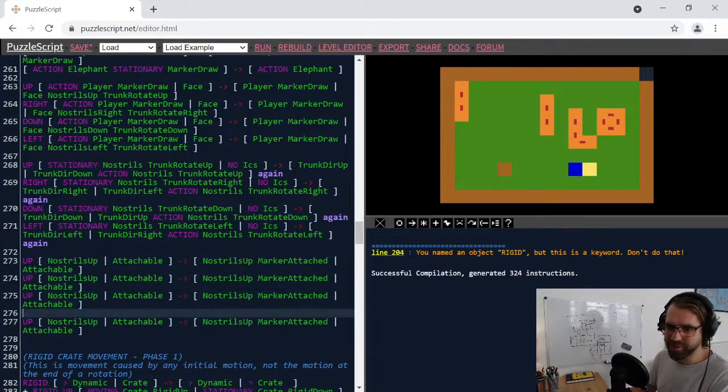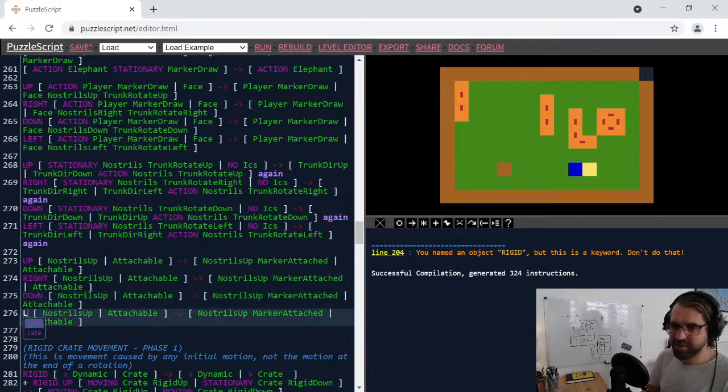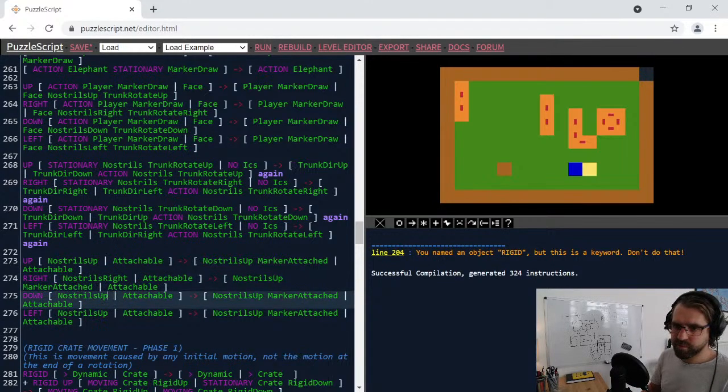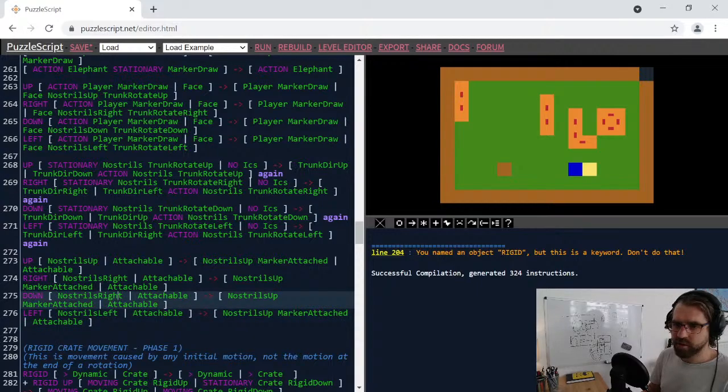And there were so many rules just because of the directional ones. Imagine how much simpler this would be without it. Right. Oh, why am I doing right? Left. Down.